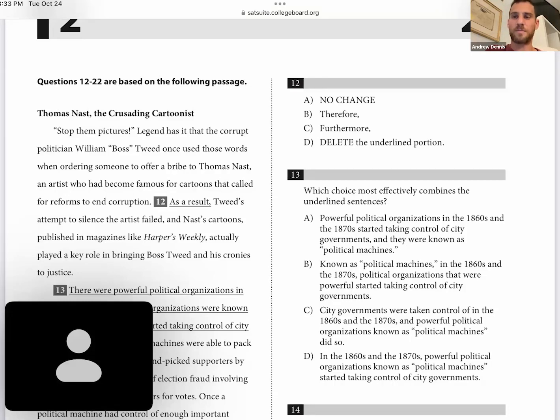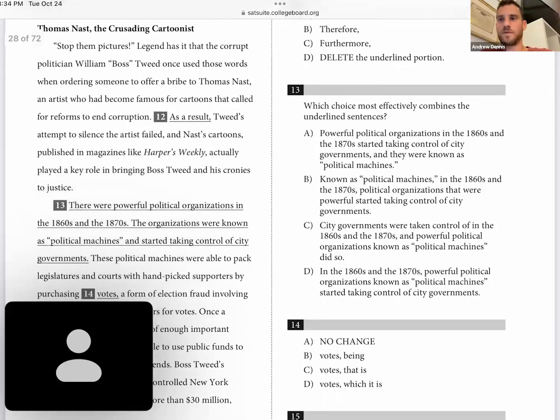I mean, furthermore is not bad, but furthermore is kind of like you've already told us the conclusion, and now you're going to add to it. We're still in the evidence phase. When you go through life and you learn how to frame arguments: evidence, premise, conclusion. This is just all evidence. He's just telling us this is what he did, and these attempts failed. So I think we're going to delete the underlined portion.